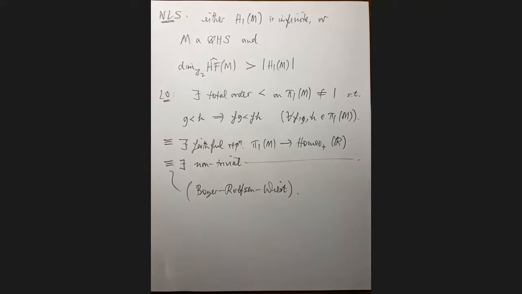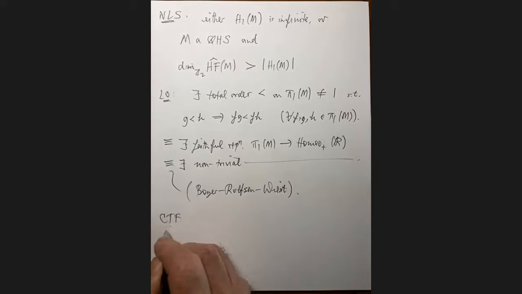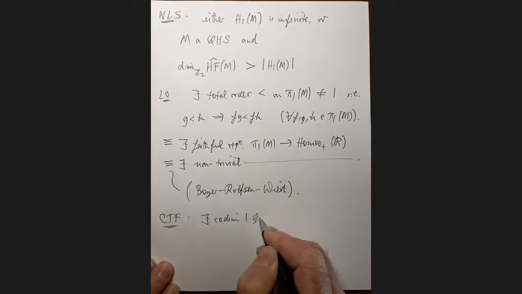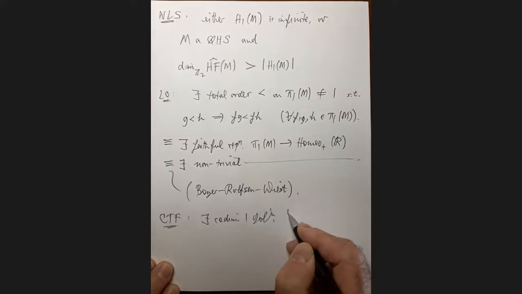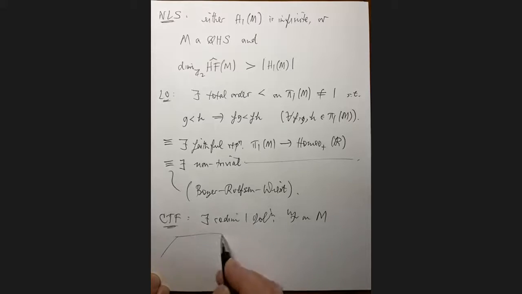Okay, so that's LO. And then finally, CTF. Well, Rachel talked about that yesterday. Let me just remind you that there's a codimension 1 foliation F on our three-manifold M, and everything's orientable. The manifold is oriented.